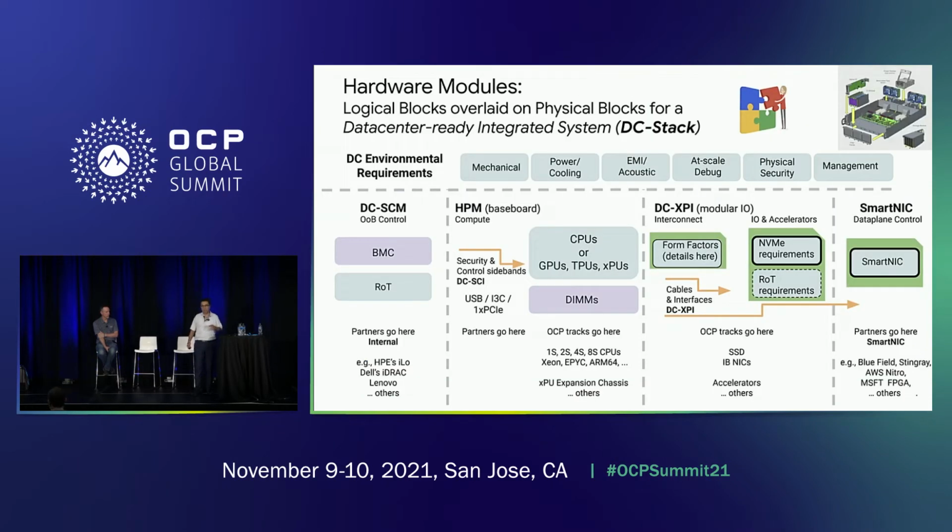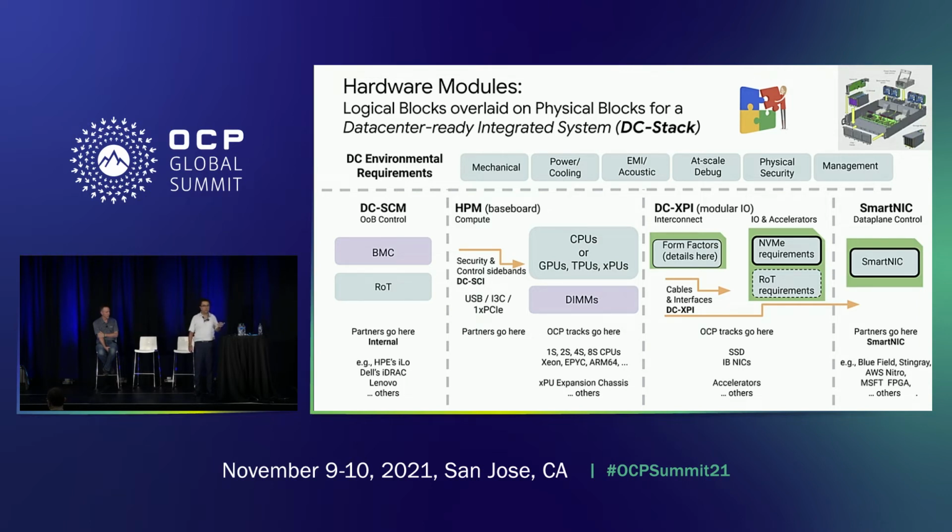It was important for us to categorize the modules, give them names, identify roles and functions they had. So if we're in the physical domain, we think about DC-SCM as one major module and a host processor memory module as the compute element that could have CPUs or GPUs or other accelerators on it.